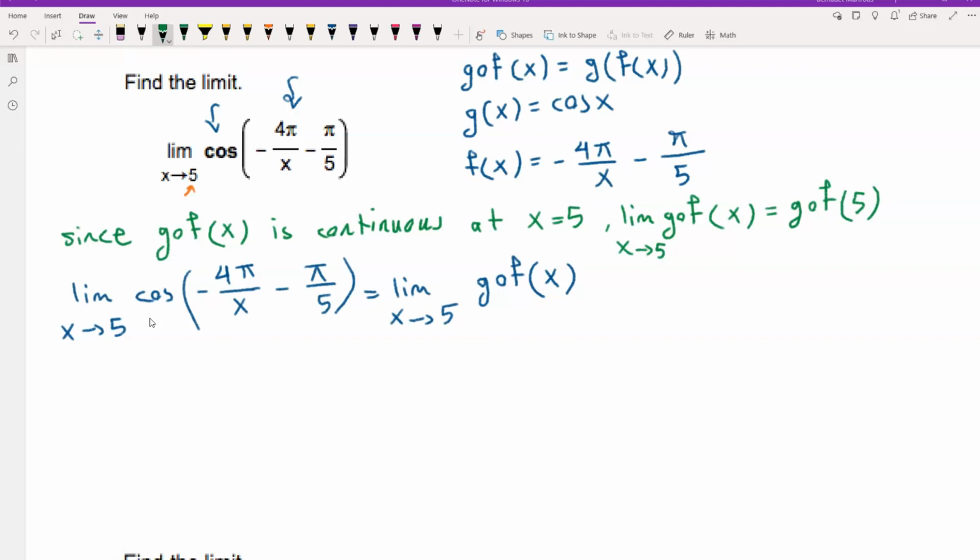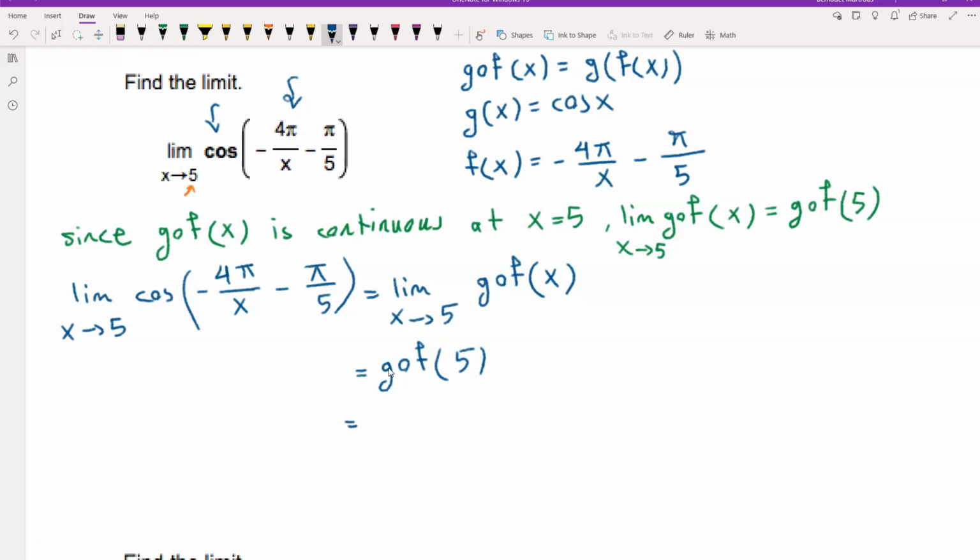So our limit of cosine of (negative 4 pi divided by x minus pi divided by 5) as x approaches 5 is equal to the limit of g composed with f at x as x approaches 5. And this is equal to g composed with f at 5.